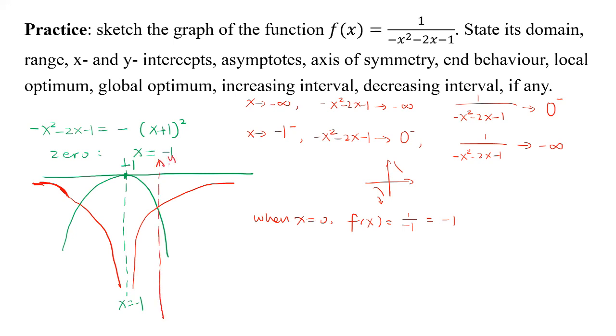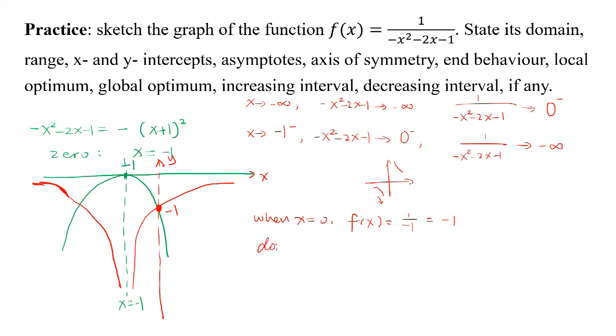This is our y-axis, this is our x-axis. So note here, when x is 0, the denominator is also -1, right? So the y-intercept is here. And there is no x-intercept.